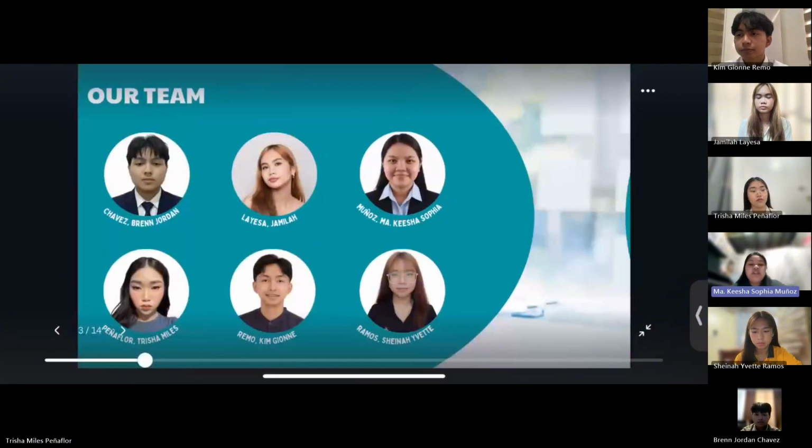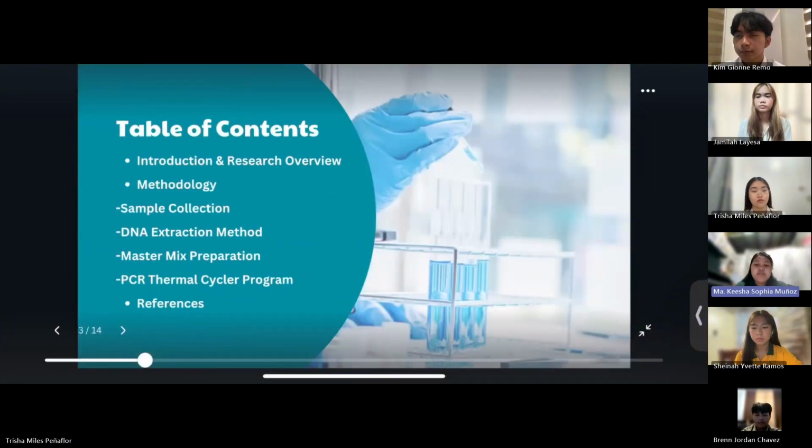Now that we've introduced our team, let's move on to the overview of our study. Before proceeding to the formal introduction of our paper, here is the summary of our research. Our study will explore the detection of bacterial DNA from pond water using advanced molecular techniques such as DNA extraction with the QIAGEN kit and PCR amplification of the 16S ribosomal RNA gene.